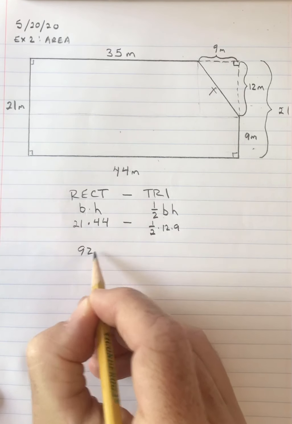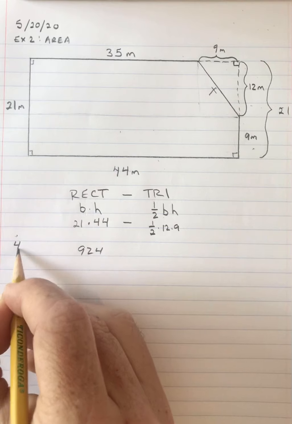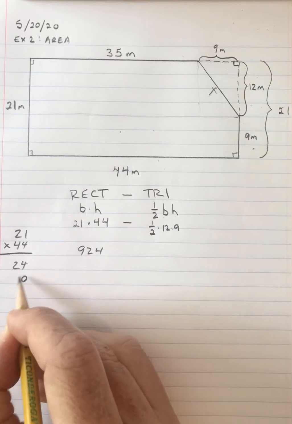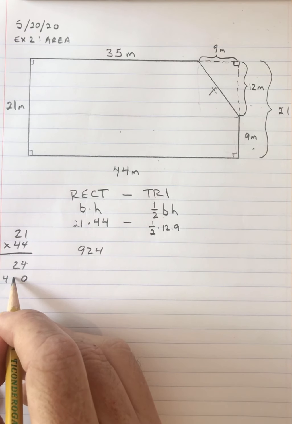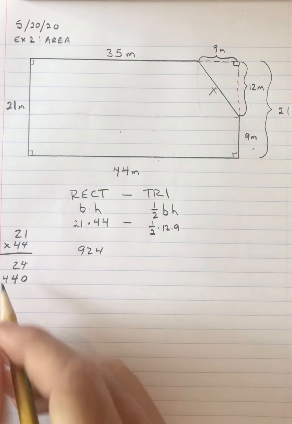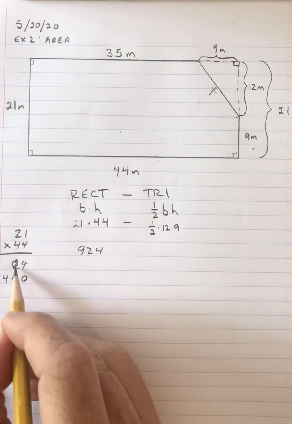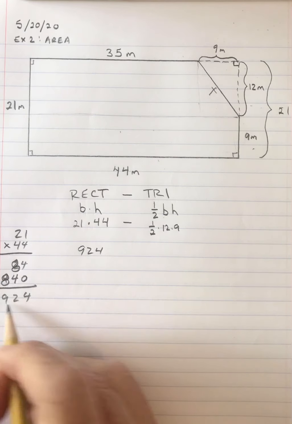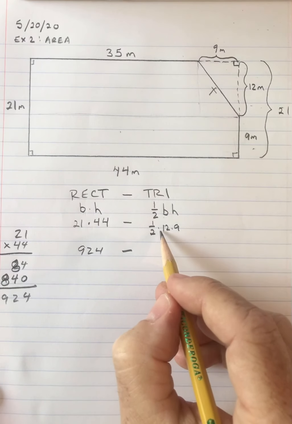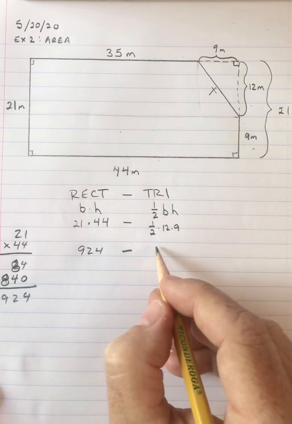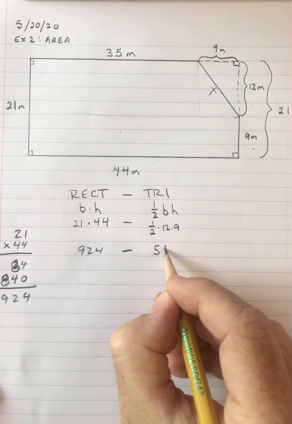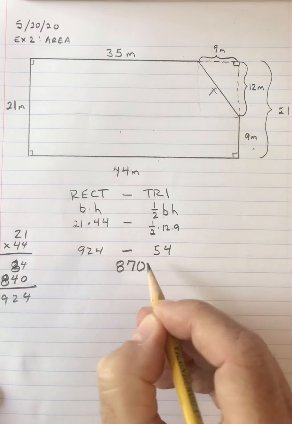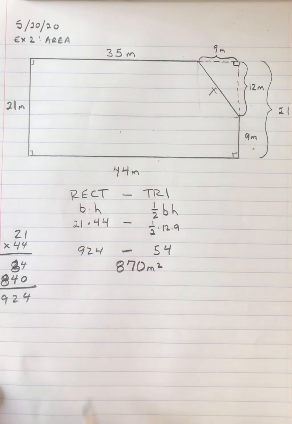I better check that. 44 times 21, oops, I'm messing up here. 924, good. Okay, 1/2 times 12 times 9. Half of 12 is 6, and 6 times 9 is 54. And 924 minus 54 is 870, and we're talking about square meters.